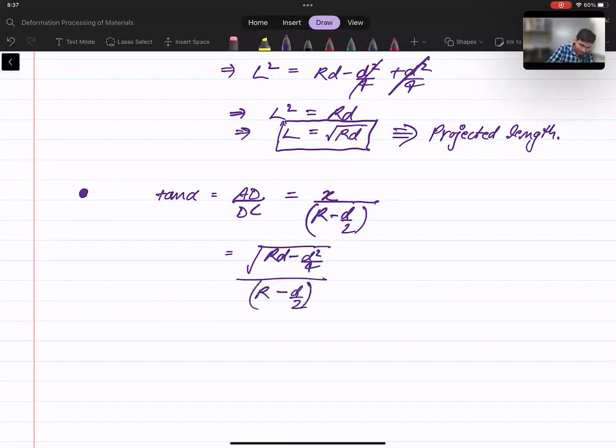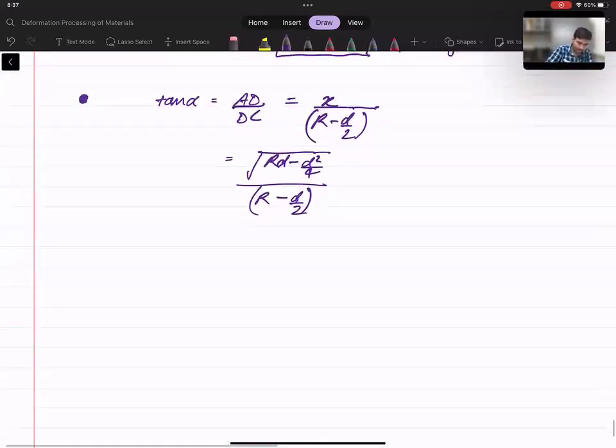Now, since this draft is very less than 1, because we do not reduce the thickness to a very great extent in a single pass, higher order terms can be ignored or neglected.